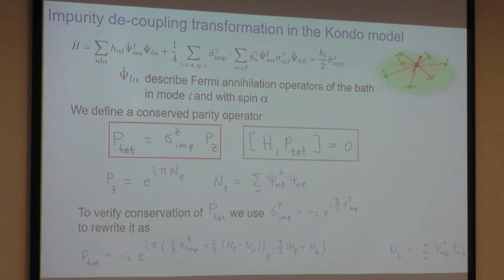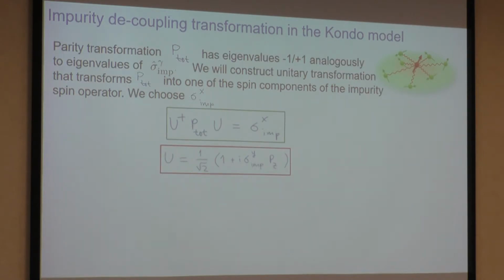So we want to do the same operation here. We say, well, actually, this parity operator, which has eigenvalues -1 and +1, and squares to 1, is kind of like a spin operator for the impurity. If you take any of the spin components of the impurity, we know that it has eigenvalues ±1/2.